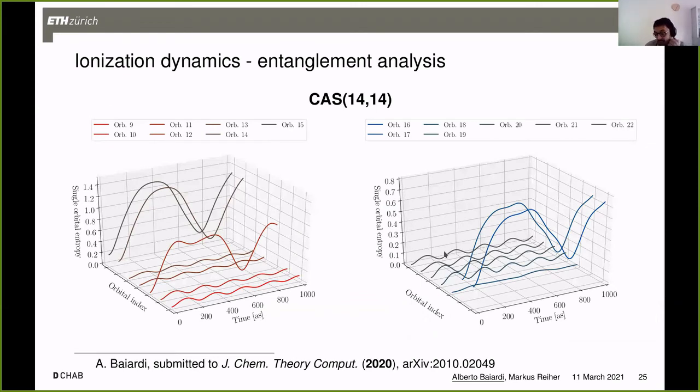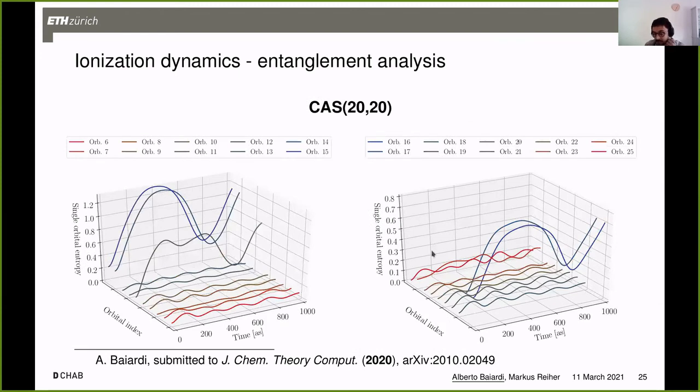And what's interesting is that one can also use entanglement-based quantities, here the single orbital entropy, to monitor why we need to increase this active space to get converged oscillation periods. Here I'm representing the entanglement as a function of time for the various orbitals. And what we see is that going from 14,14 to 20,20, the two orbitals that we are adding have an entanglement which is larger than 0.2.